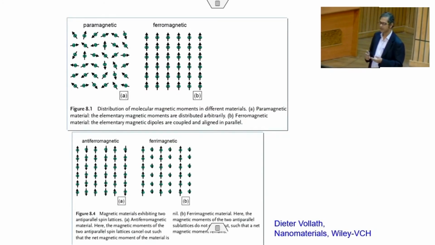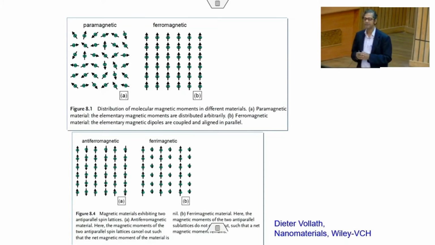So these are the electronic spins shown here. In paramagnetic materials, you see here a distribution of the magnetic moments that is random or arbitrary. But in the ferromagnetic material, they are coupled and aligned parallel with respect to the magnetic field. Okay.